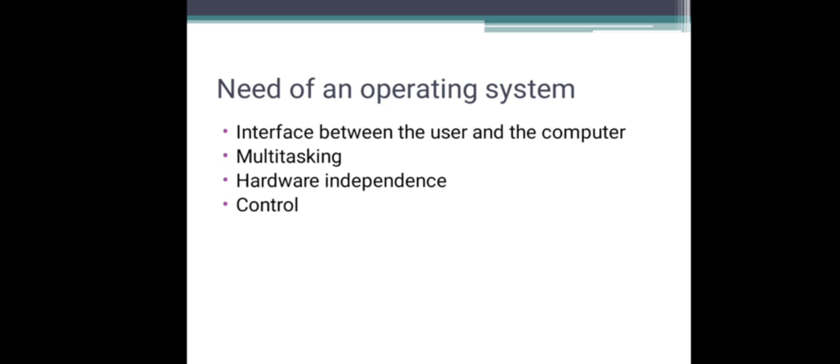Third, hardware independence: it can easily run on computers with different hardware specifications. And the last one is control. It controls all kinds of input and output devices and software applications that are connected to the computer system, and it allocates output and input devices as per the user's requirement.